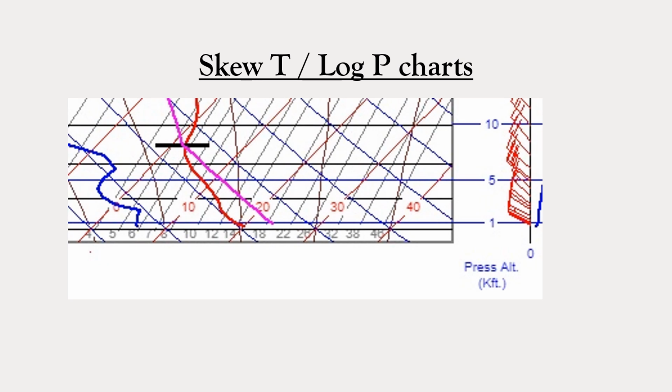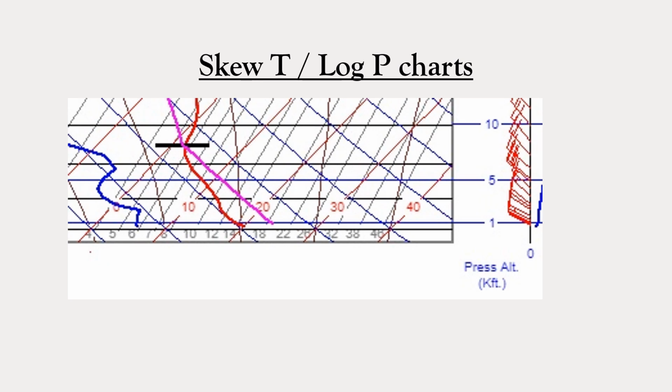The pink line indicates what temperature a volume of air from the surface at that temperature would have at different altitudes as it rises, based on the adiabatic expansion of air. It uses dry adiabatic expansion until it gets to a point where condensation would start to happen.